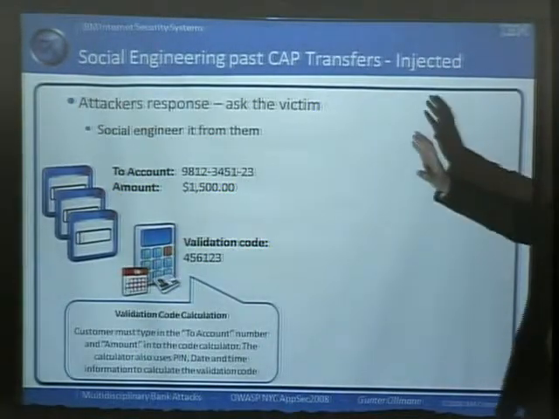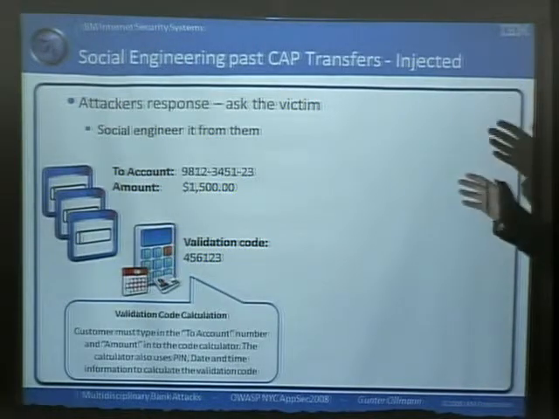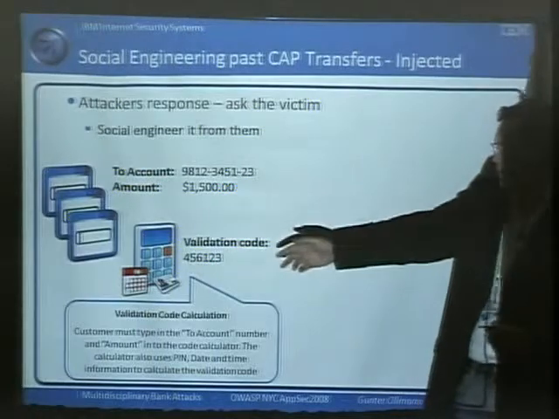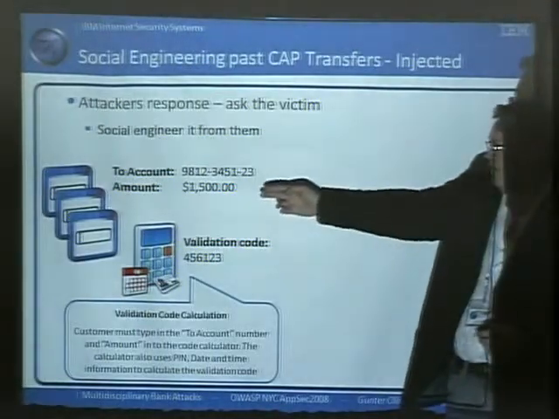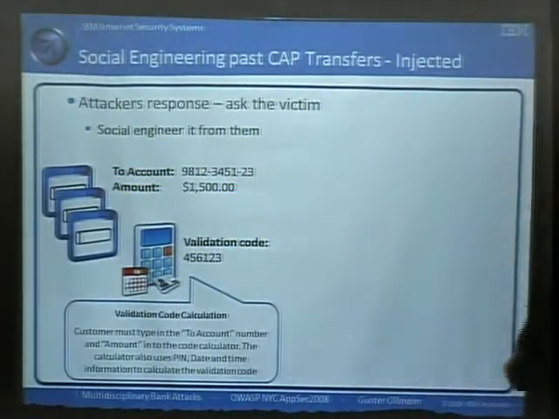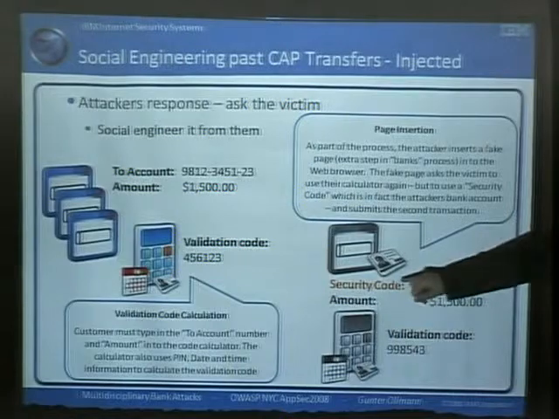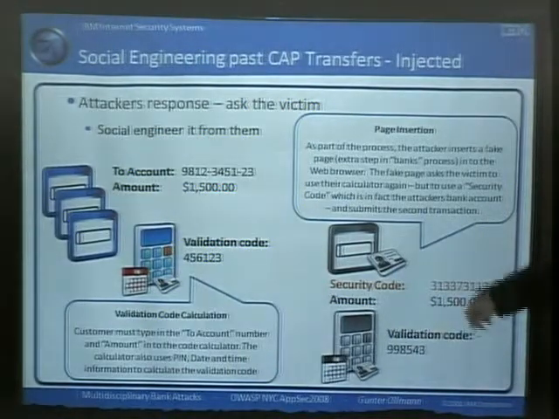So we have, you know, the response has really been to ask the victim for that extra information. So here we see the types of data that you'd be typing into a calculator would be the account number and the amount that you want to send. Okay. And so what we see from the social engineering side on the security page is that they asked you to type in the security code and an amount. And the amount happens to be the same that you wanted to do the first time.